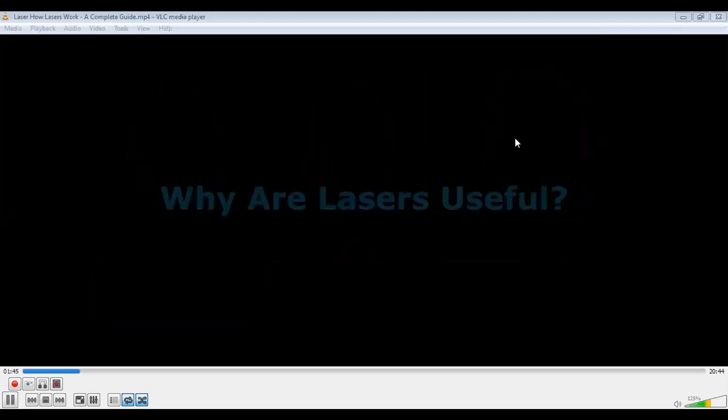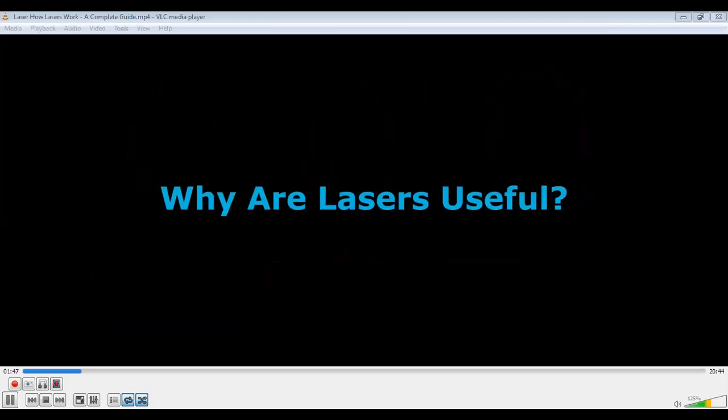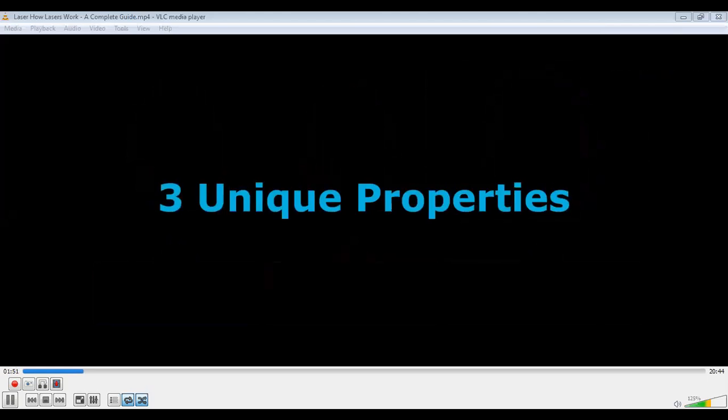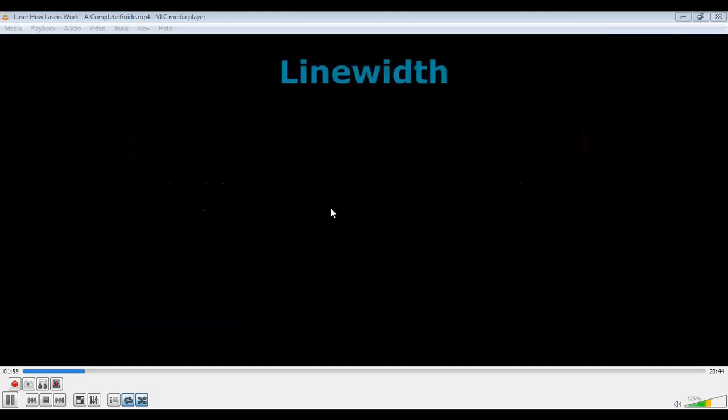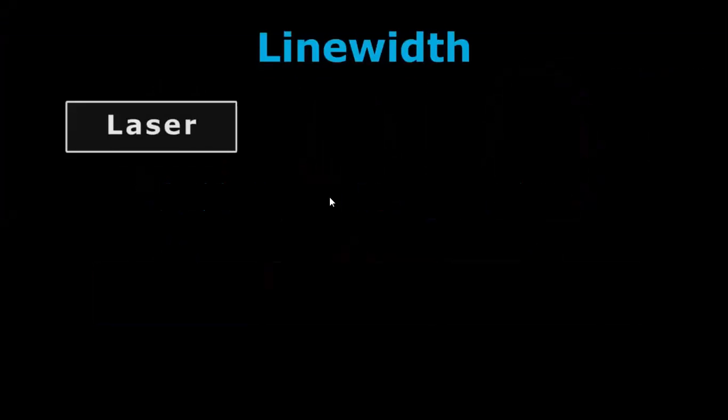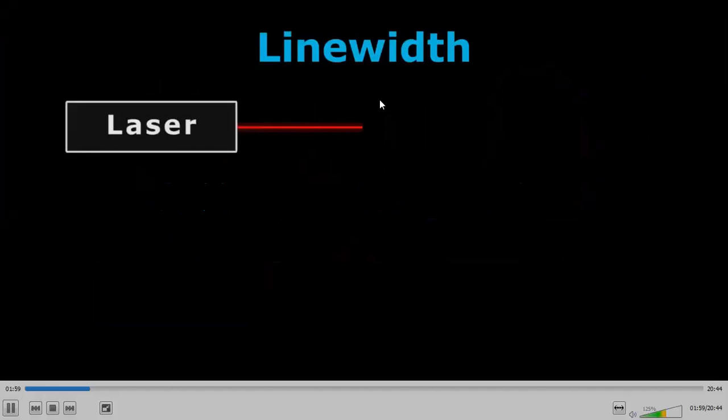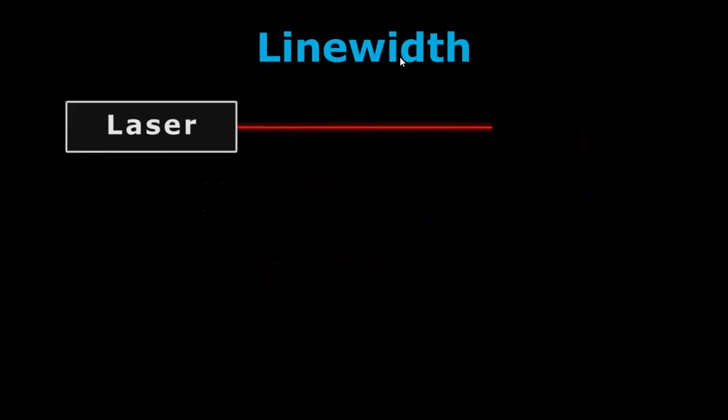Okay, so why are lasers useful? Why are they ubiquitous? The answer can be broken down to 3 unique properties the laser holds. The first being line width. The purity of a laser, referred to as the line width, can be quite narrow, more so than any other.